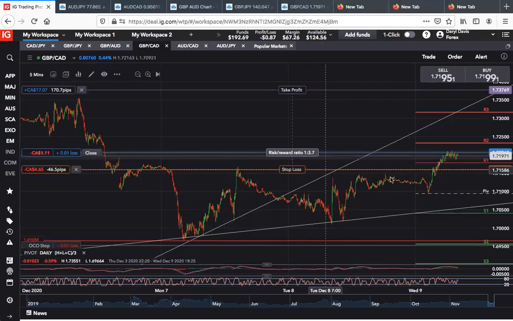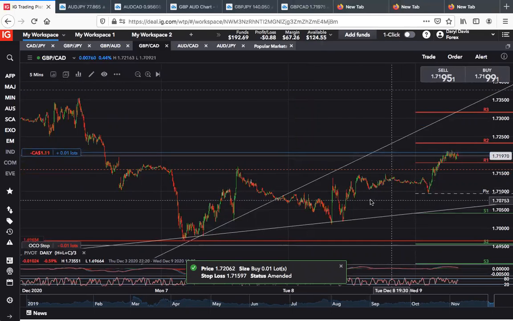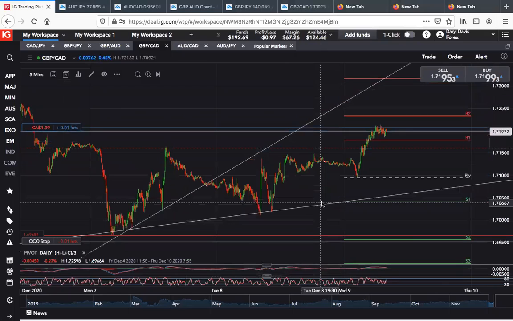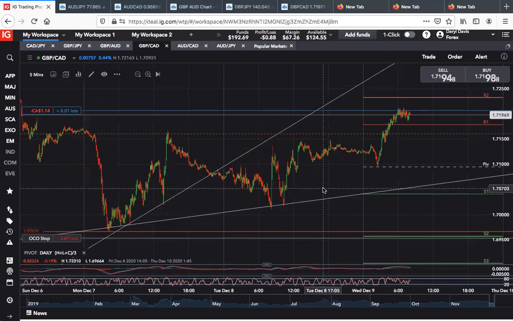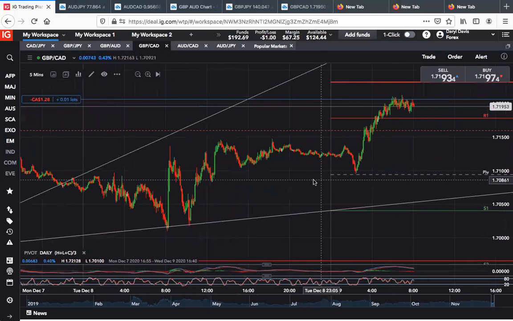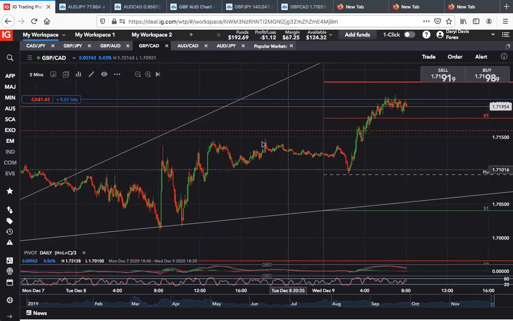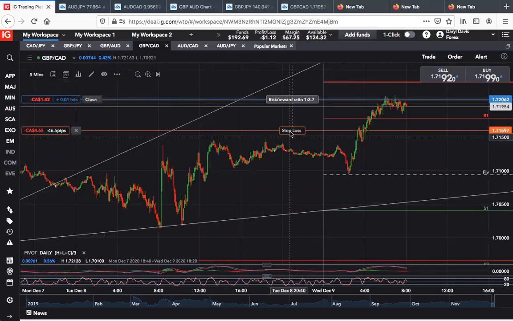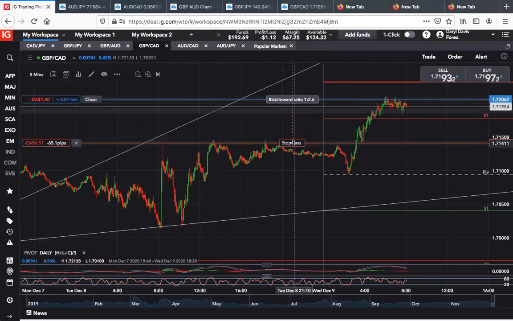Real short stop, only because this is the challenge, y'all. Gotta play defense in the challenge. Can't let them take the money away. Gotta put it underneath this because I don't want to get wicked out.